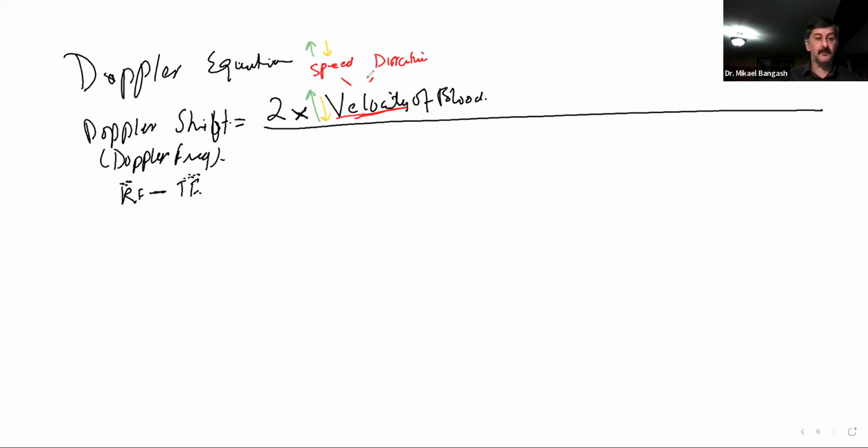The other factor in velocity is just the direction, which gives us values that could either be positive, and what did we mean by a positive direction? Towards the transducer. The other was negative, and what did that mean? Away from the transducer.